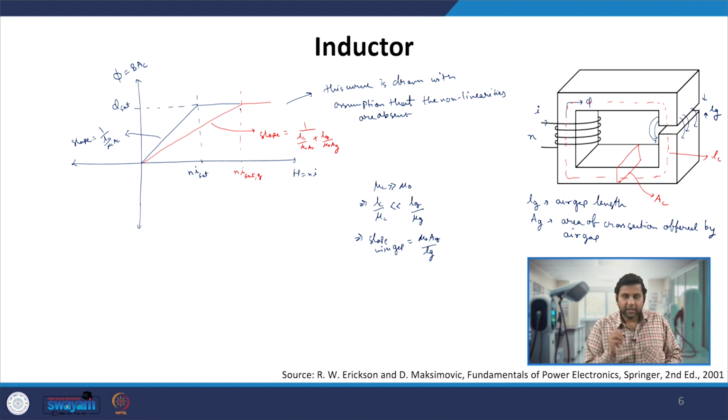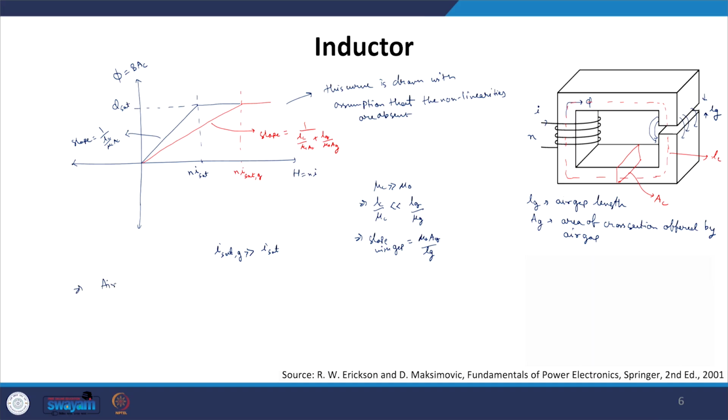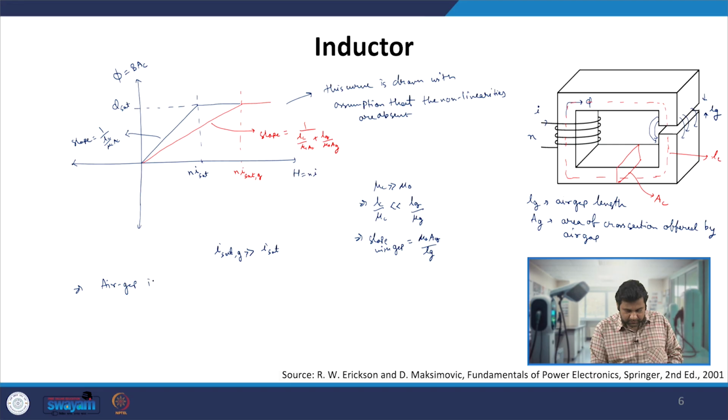That is when you see the curve will hit the saturation value only after reaching a new value of I sat g, and there we can say that I sat g is very much greater than I sat value. What it indicates is that when the air gap is introduced, there are things which happen. First, the inductance value goes down.